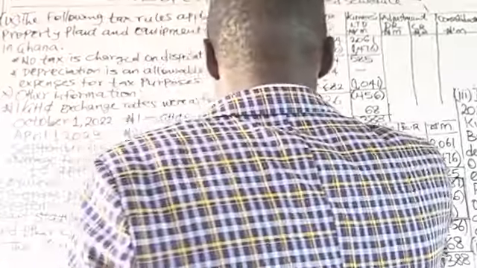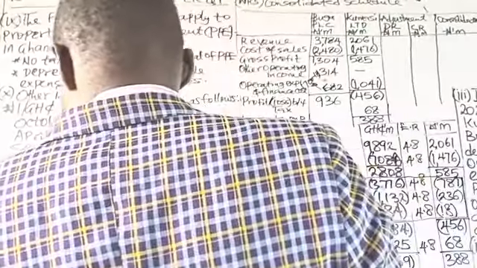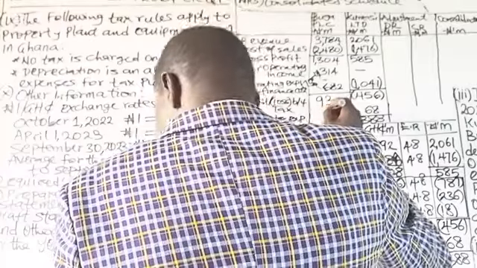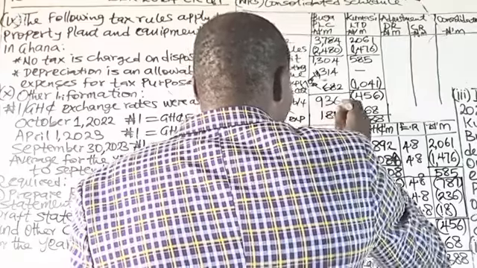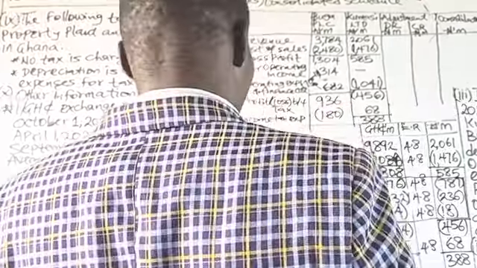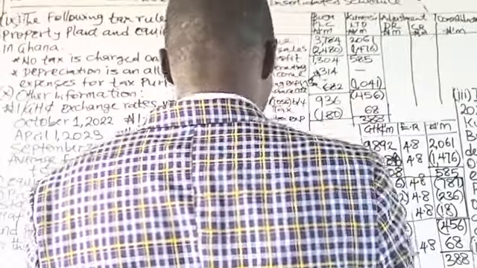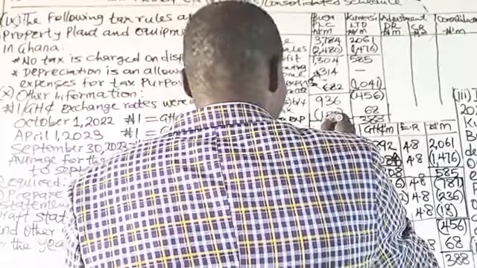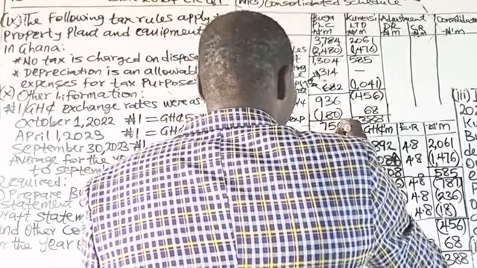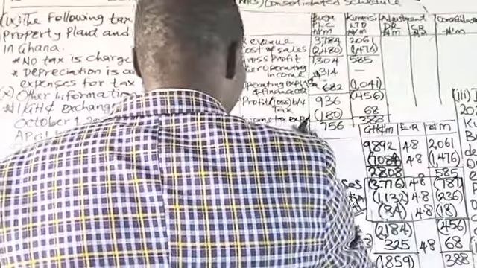Then income tax expense. The amount of tax that was expensed by the parent is 180. If you go back to the parent company statement of profit or loss, you have tax expense of 180. If you subtract the 180 from 936, then you'll be having 756. So that is the profit for the year.